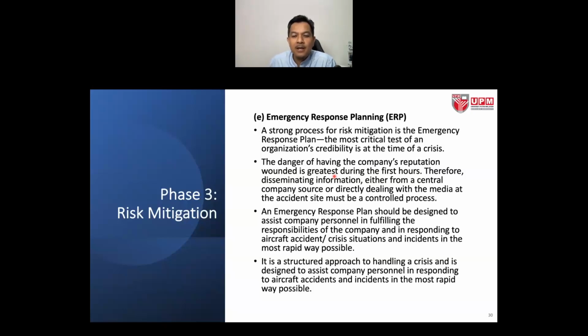Okay, the danger of having the company's reputation wounded is greatest during the first hours. Therefore, disseminating information either from a central company source, right, or directly dealing with the media at the accident site must be a controlled process. You cannot just leave the situation uncontrolled.